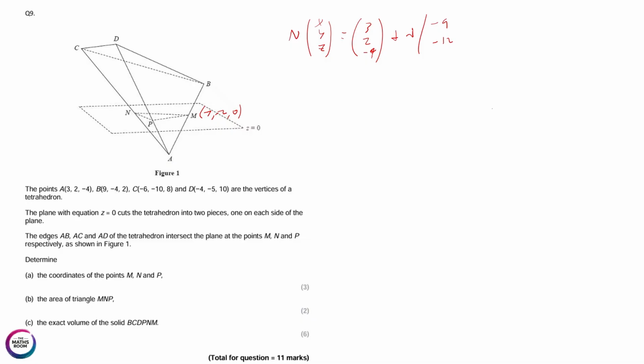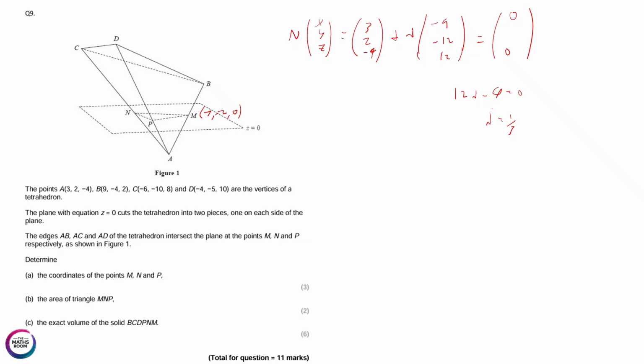And 12, yeah. And again, that bottom bit being 0 will tell me everything I need to know. So I know this is 0 on the bottom. So I know that 12 lambda minus 4 is 0. So lambda's a third, guys. Okay, so we just put that in. So we look at the x value. A third of minus 9 is minus 3. 3 minus 3 is 0.